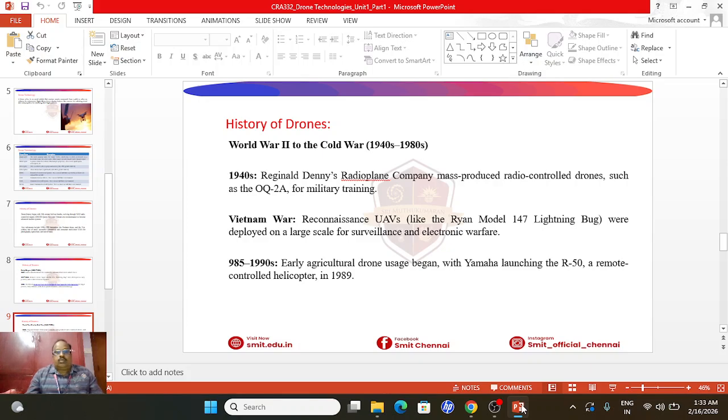And in the Vietnam War, reconnaissance UAVs like the Ryan Model 147 Lightning Bug were deployed on a large scale for surveillance and electronic warfare. Also in 1985 to 1990, early technology drone use began with Yamaha launching the R-50, a remote-controlled helicopter, in 1989.